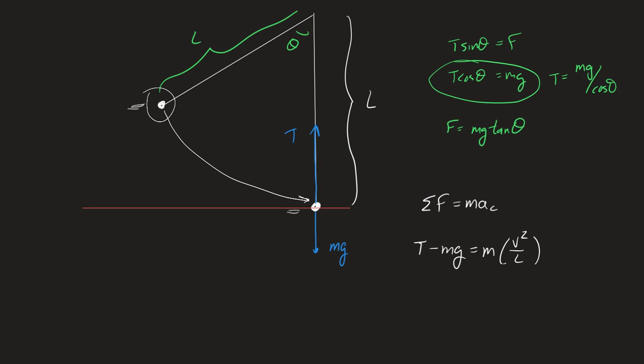If you look closely, the tension has to be in this direction, along the string. But the displacement has to be this way, right? The tangent to the curve, which means it's 90 degrees between the tension and the displacement.